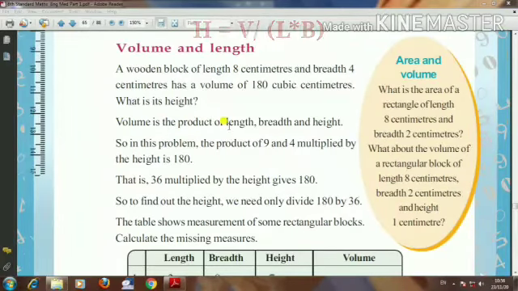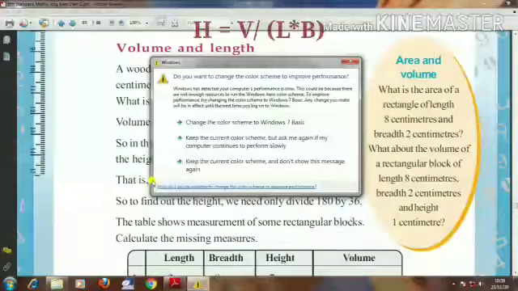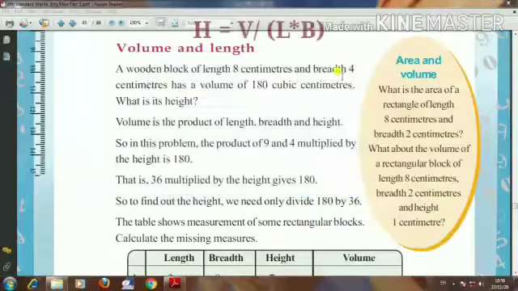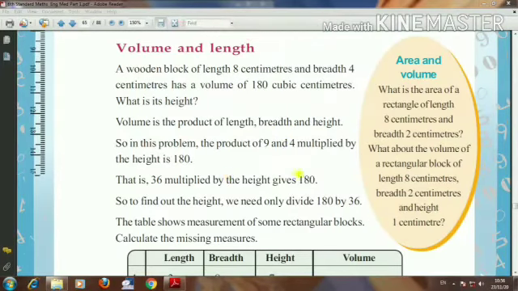Volume is the product of length, breadth and height. V is equal to L into B into H, as we know. So in this problem, the product of length and breadth, 9 and 4, that is 36, is multiplied by height to give 180. So 9 into 4 multiplied by the height gives 180.